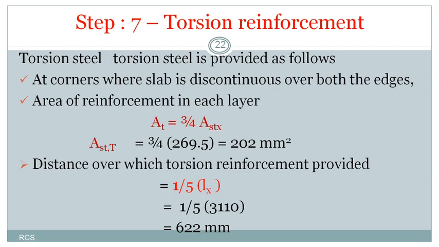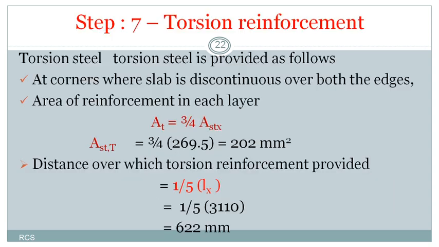As we are designing a slab with 4 discontinuous edges, the area of reinforcement provided as torsional reinforcement in each layer must be calculated using this formula: AST equal to 3/4 of ASTX. So AST torsional reinforcement equal to 3/4 of ASTX, which is 269.5, gives 202 mm square. The length over which we have to provide it along the X and Y directions is 1/5 of LX.